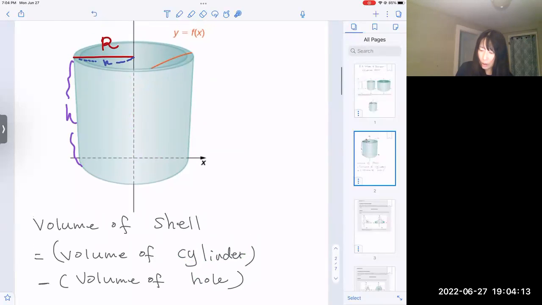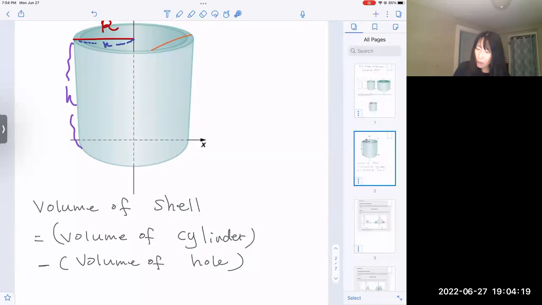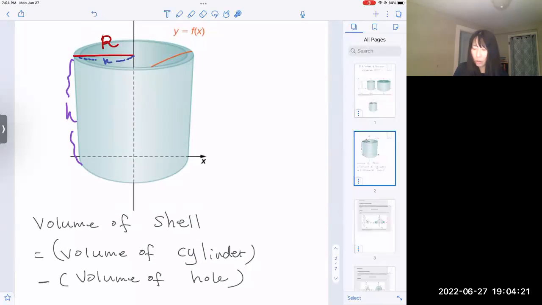You can see that, right? One is a hole, one is a cylinder outside. Then I label the radius from here to here the big R, uppercase R. And inside the hole, from here to here, the small radius, I denote as lowercase r.